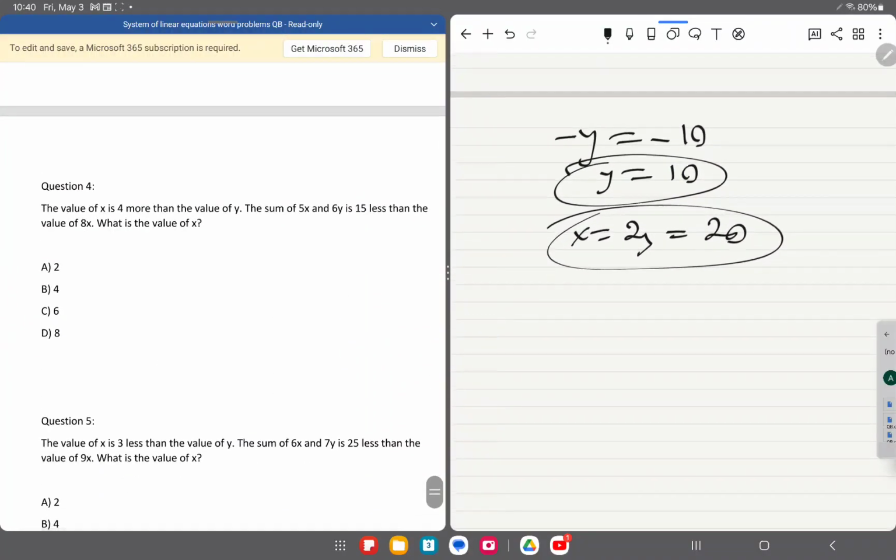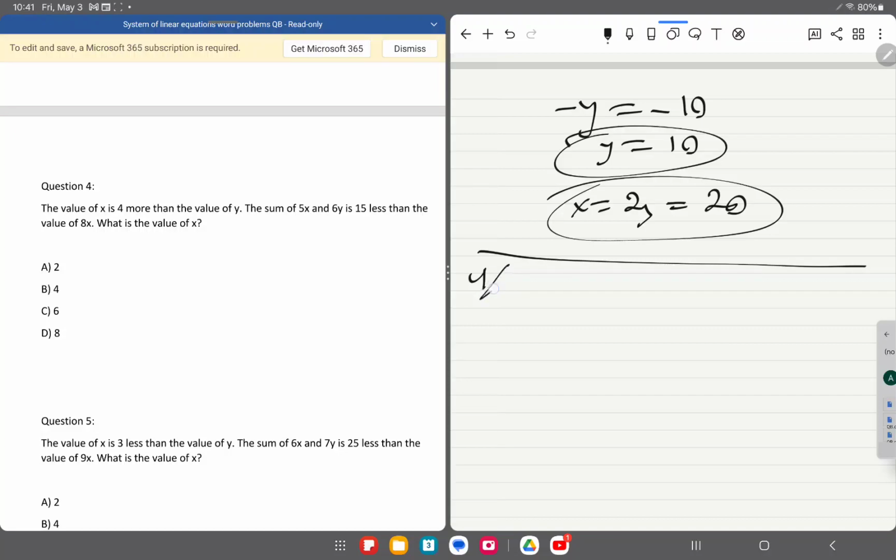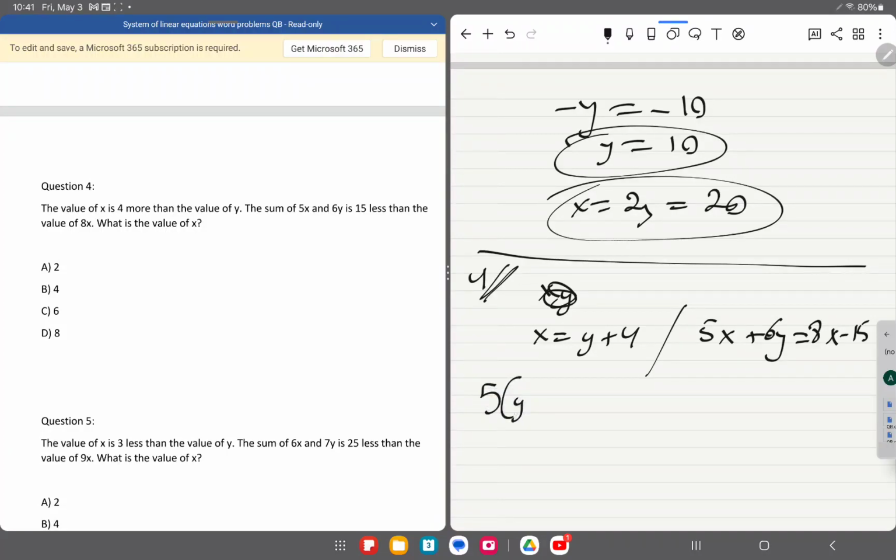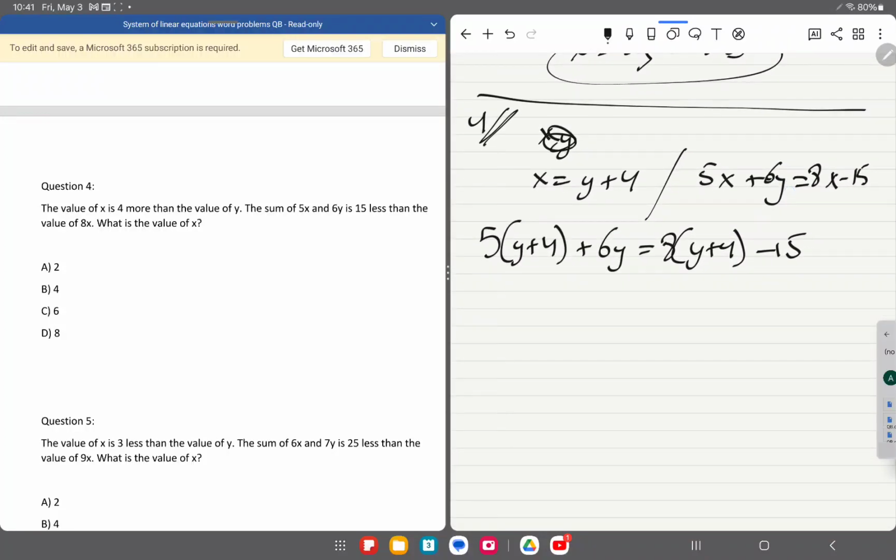Now let's go for question 4. The value of x is 4 more than the value of y. 5x plus 6y is 15 less than the value of 8x. Now, what is the value of x? 5 into y plus 4 plus 6y is equals to 8 into y plus 4 minus 15.